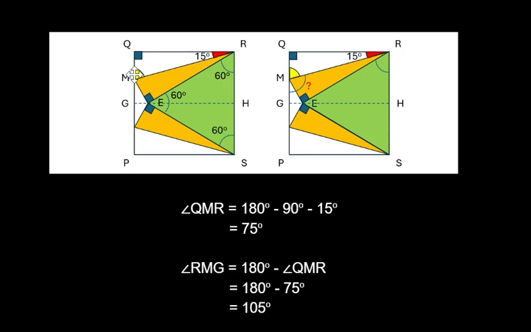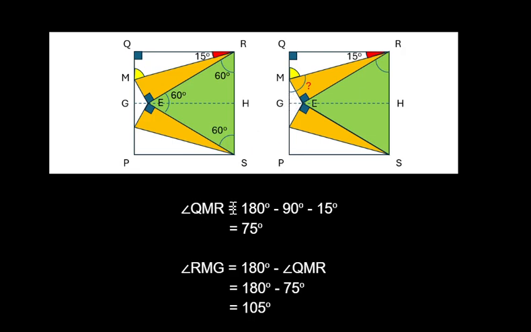Why do I want to find this? Because I'm interested in finding this angle RMG, which is what the question is asking. If I can find this yellow angle here, I can find angle RMG, because this is the angle of a straight line. I take 180 degrees, subtract away the yellow part, and I get what I wanted.